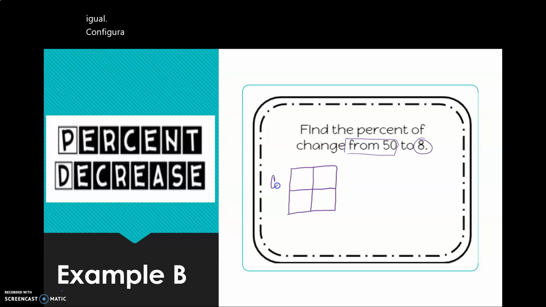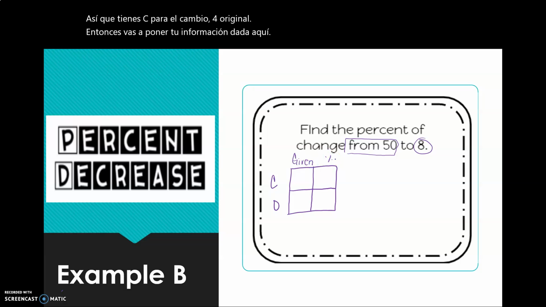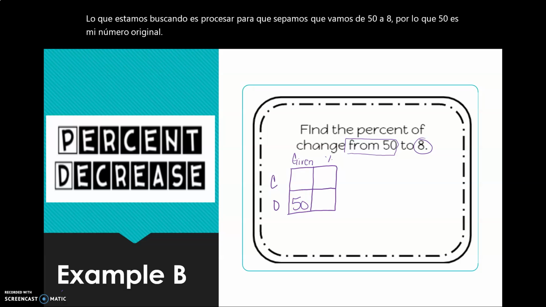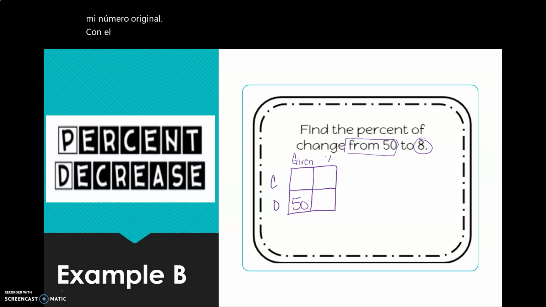So you have C for change, O for original. Then you are going to put your given information here. What we're looking for is percent. So we know that we're going from 50 to 8. So 50 is my original number. In order to figure out what my change is, I need to subtract. So I'm going to do 50 minus 8.